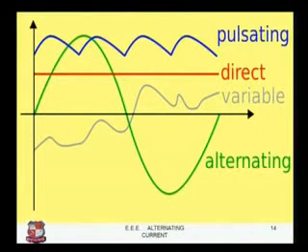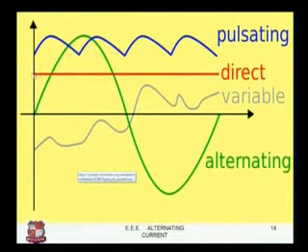As shown in the first wave, the magnitude of DC changes with respect to time, but the direction of flow is constant. So this type of current is known as pulsating DC.